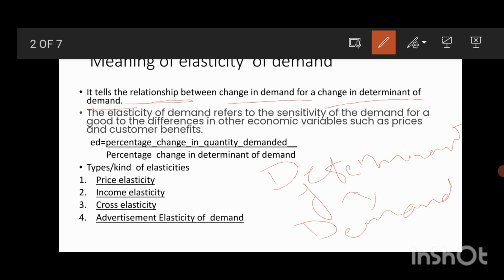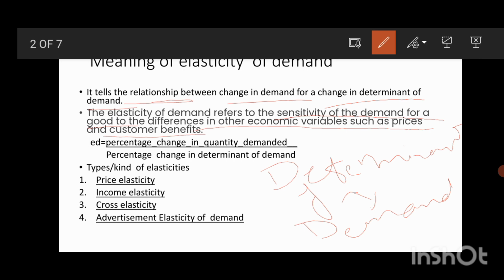Elasticity of demand refers to the sensitivity of demand for a good to the differences in other economic variables such as prices and customer benefits. Demand changes because of changes in the determinants of demand.